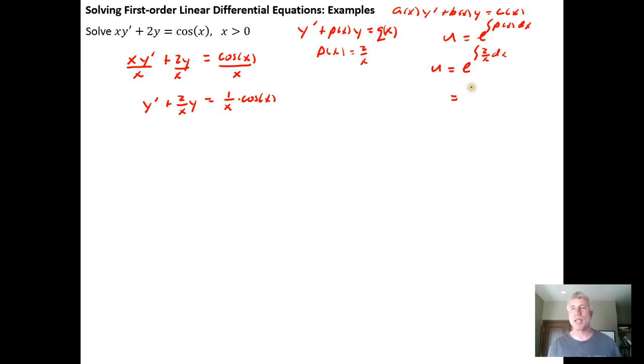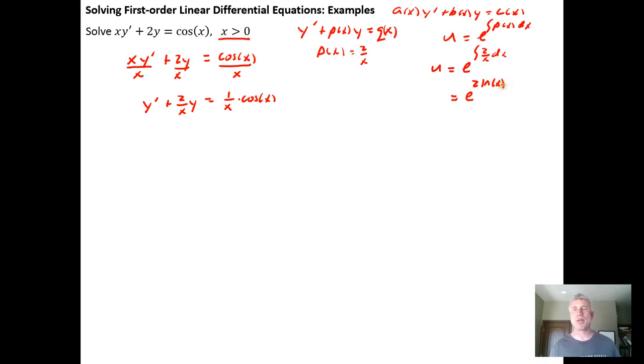So we're going to get e to the 2 times the antiderivative of 1 over x, which is the natural log of x. And again, we don't need the plus c. We're just going to let c equal 0 because any antiderivative of 2 over x will work. And I don't need the absolute value bars on the x because we're restricting x to be larger than 0.